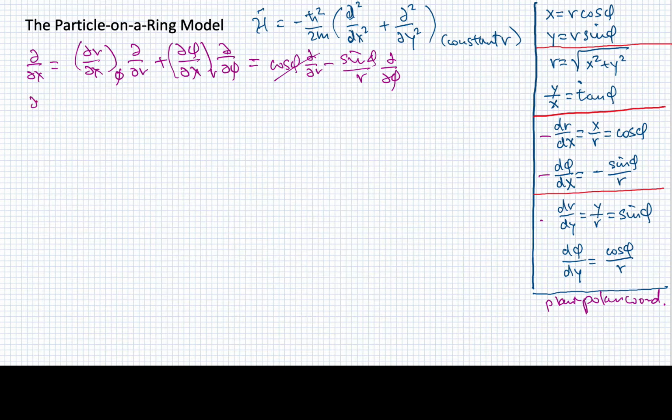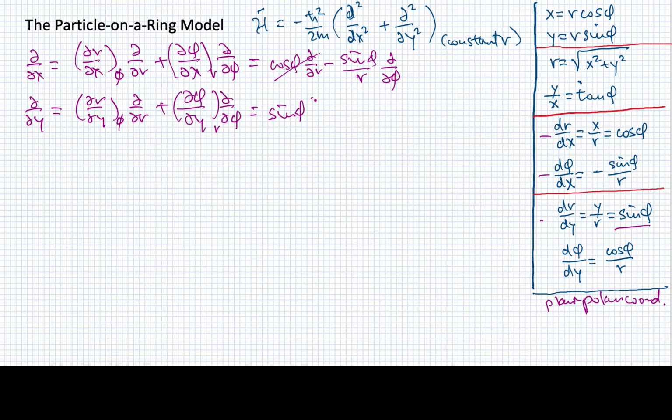I can do a similar result for d dy, and that will be dr dy at constant phi d dr plus d phi dy of d d phi at constant r. And now I'll get sine of phi d dr and plus cosine of phi over r d d phi.